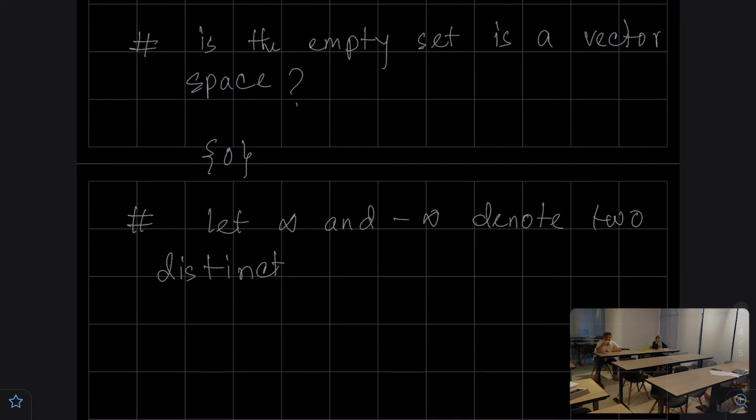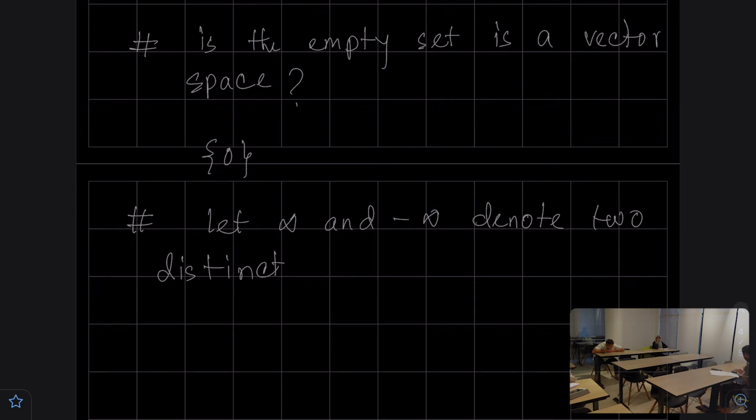So please get back to this example when you define basis and dimension. Yes, sir. And when we consider subspaces, we are going to define something like every non-empty subset of a vector space.